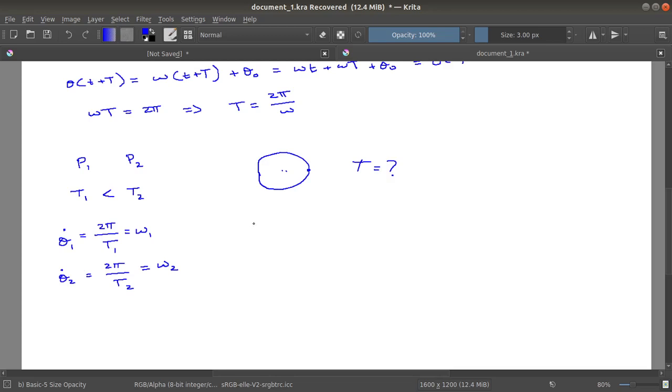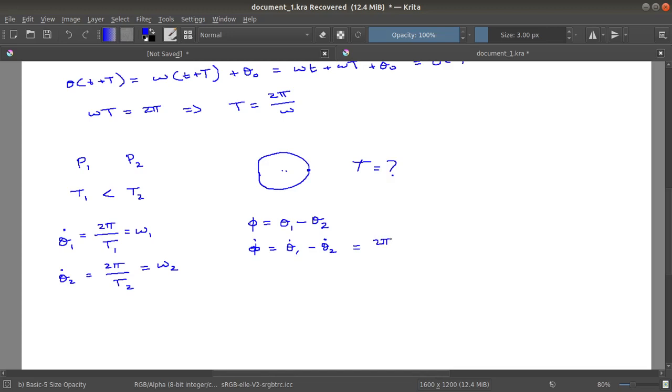I introduce a variable phi, equal to theta 1 minus theta 2. Then phi dot is equal to theta 1 dot minus theta 2 dot.